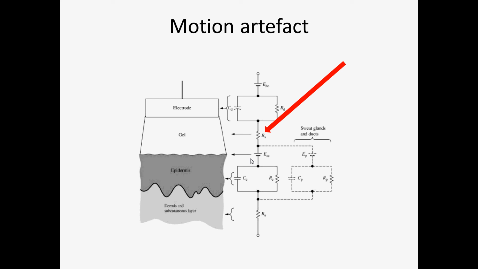Example in vivo: you're recording EEG and your volunteer sneezes or coughs or moves the head or blinks. Try to put a finger on the top of your head, or actually on your forehead, and blink.